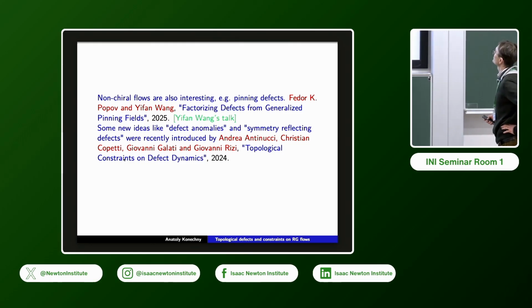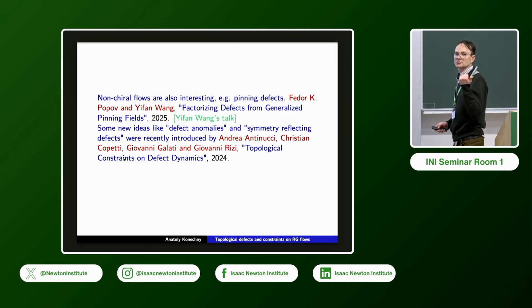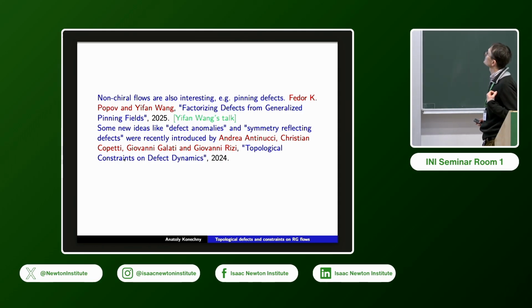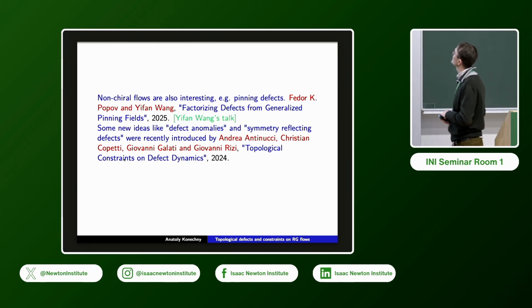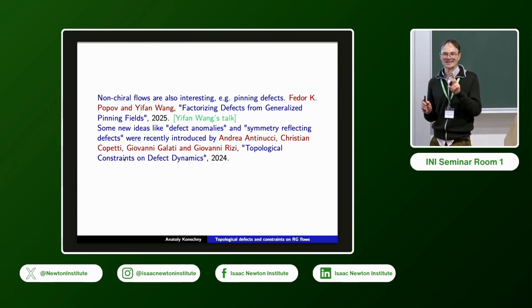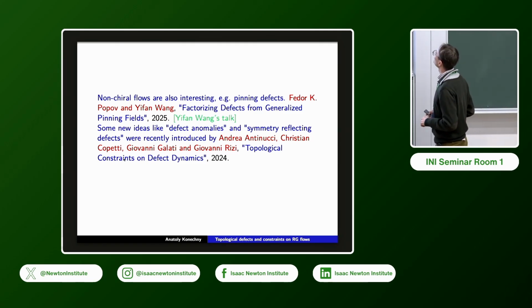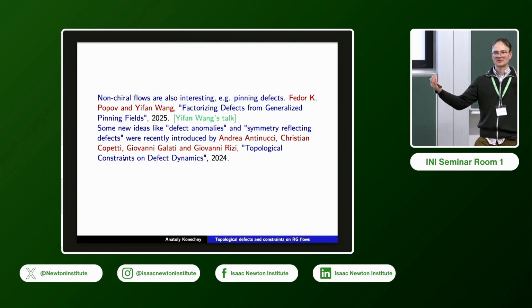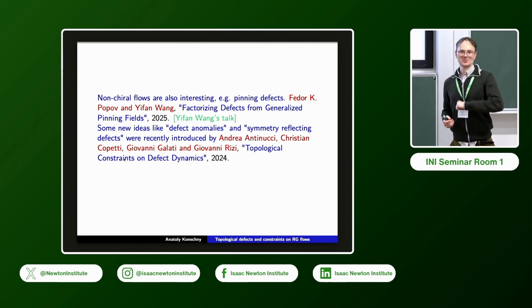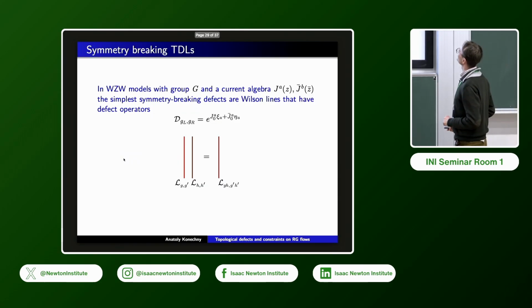For example, the new defect anomalies were introduced by Antinucci, Christian, who was here yesterday, I think, Giovanni Galati and Giovanni Rizzi. I'm not sure if there are more people here from this collaboration. It's a really cool paper with defect anomalies. You can talk to them and they can explain to you. But yeah, there's more interesting work going on.